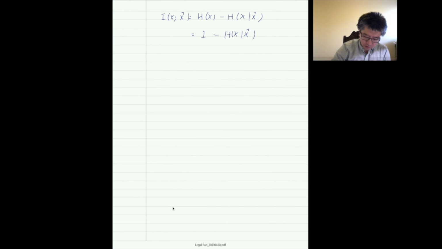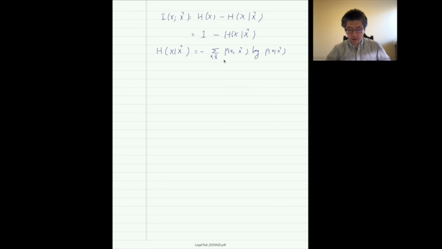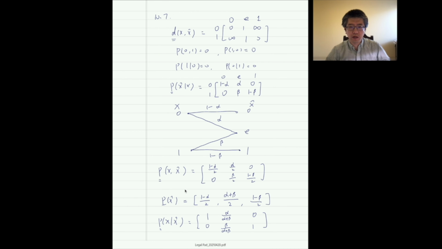And for H of x given x hat, we can compute it in any way we have seen before. Just picking one way to compute it, here we can see that for these values, this and that are basically equal to 0.